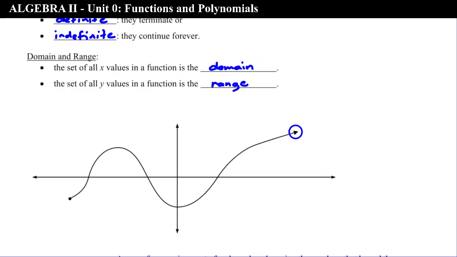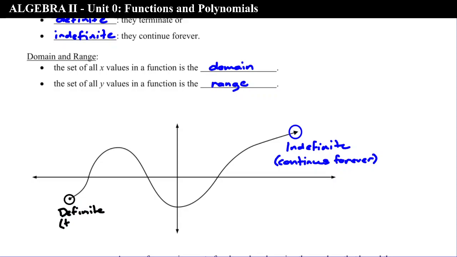So here is our indefinite end on this side. And when we say indefinite, we mean that it continues forever. And then on this end, we have a definite end. And that means that it terminates. Okay? So this is our definite end, and it terminates.